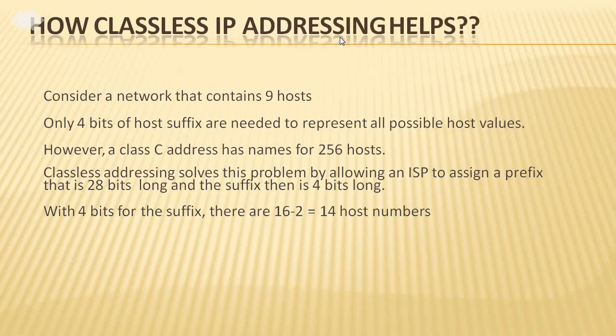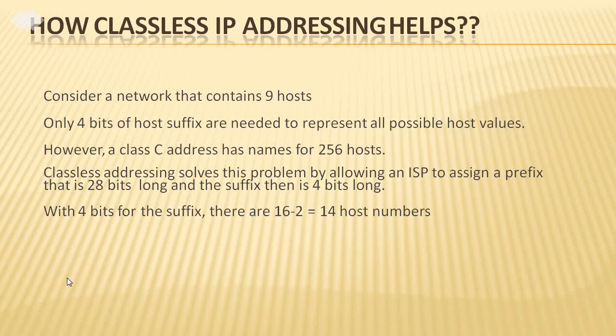Now, how does classless IP addressing help? It is helpful for a network that contains 9 hosts, and 4 bits of host suffix are needed to represent all possible host values. However, a class C address allows 256 hosts, and they solve the problem by allowing an ISP to assign a prefix that is 28 bits long and a suffix that is 4 bits long.